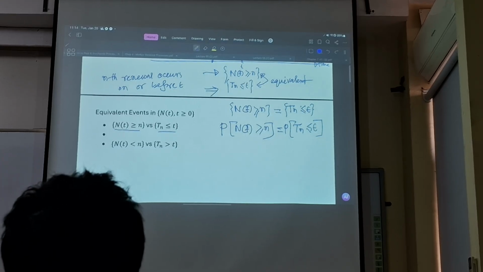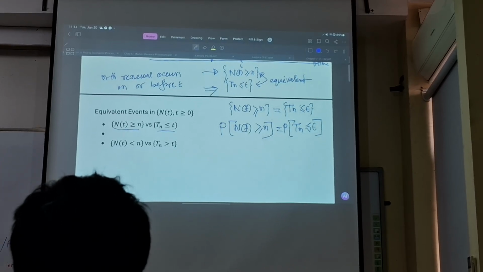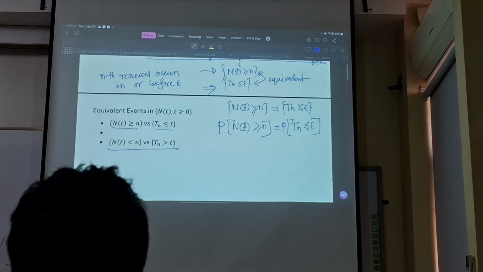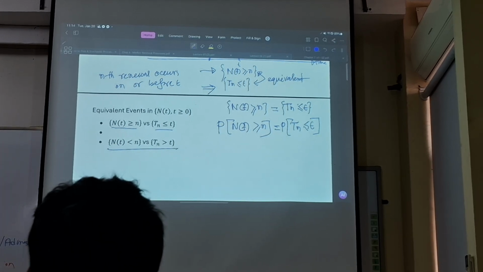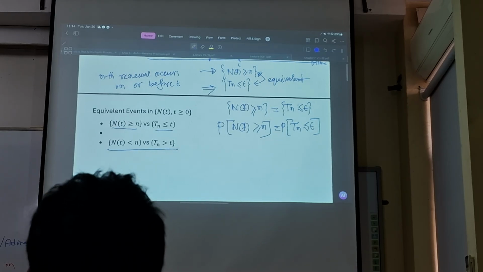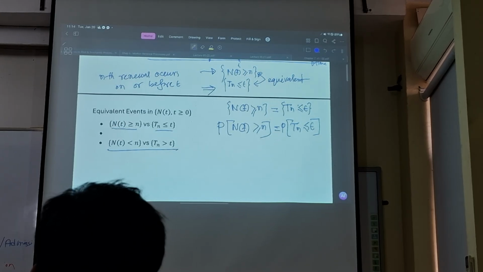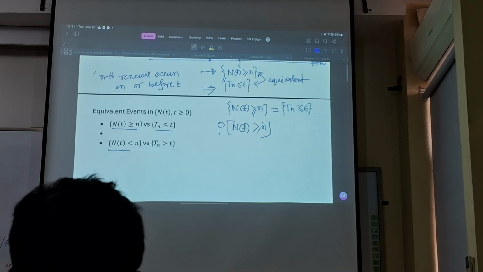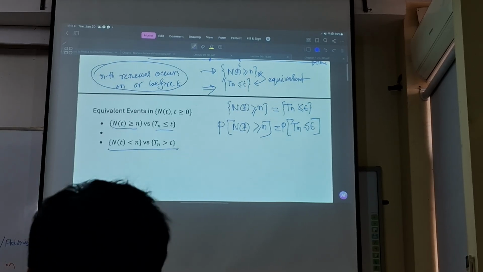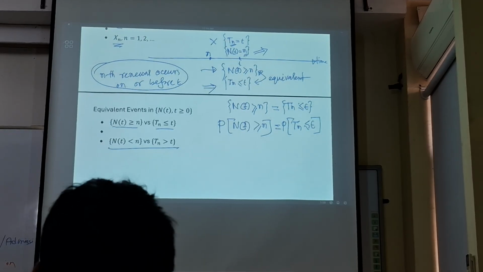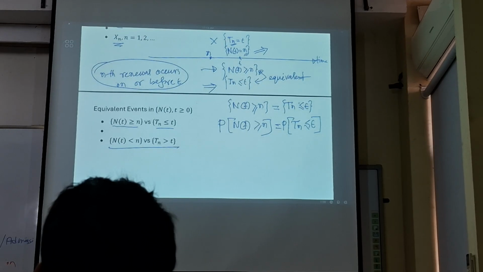So we agree. Similarly, we can consider that these two events are also the same. With the same argument, we can say that N of t less than n and T sub n greater than t are the same. Try to figure out this one: that the nth renewal occurs on or before t. Here, the nth renewal occurs.